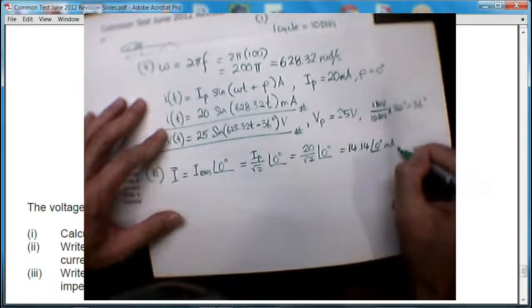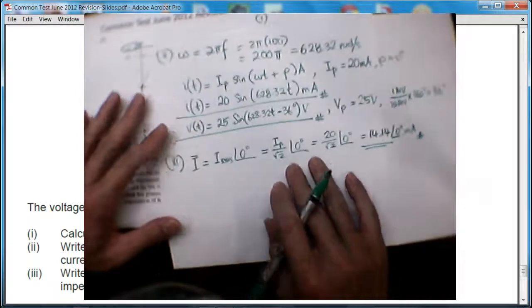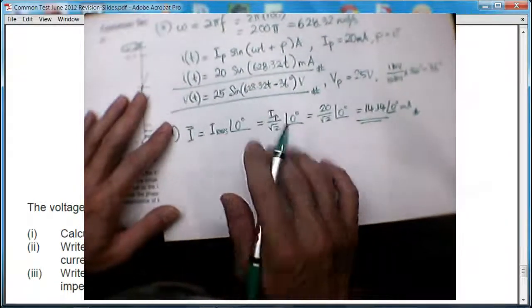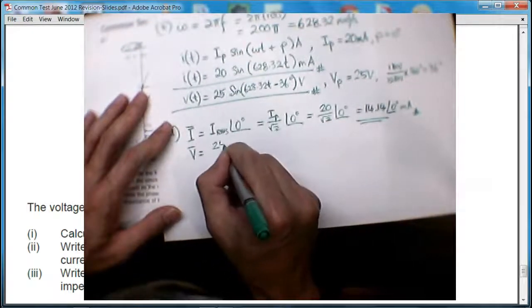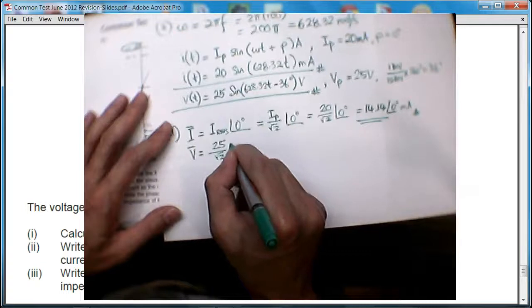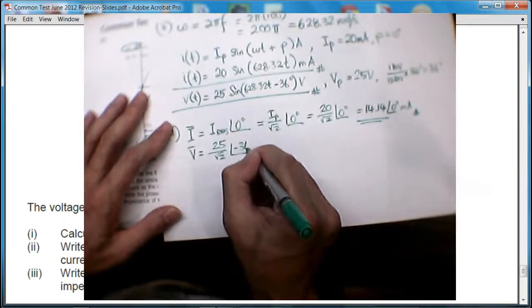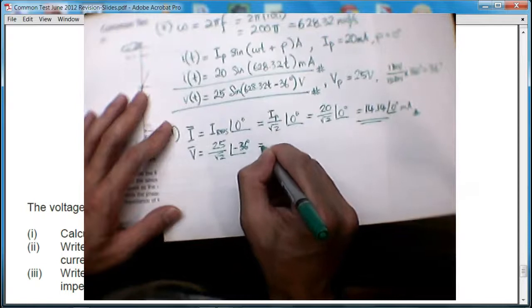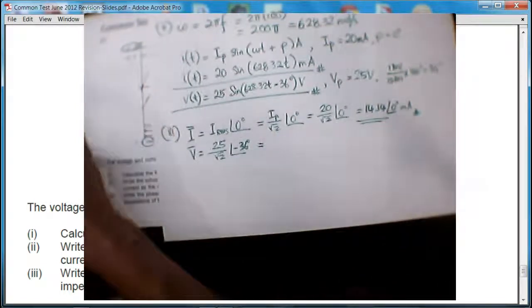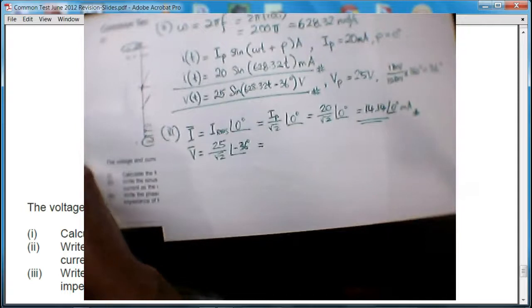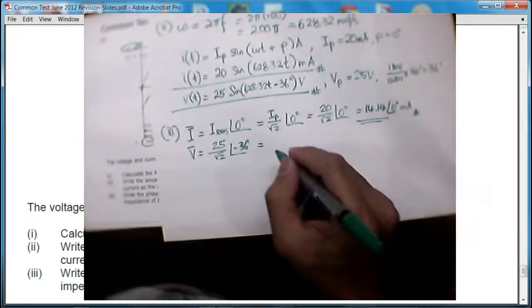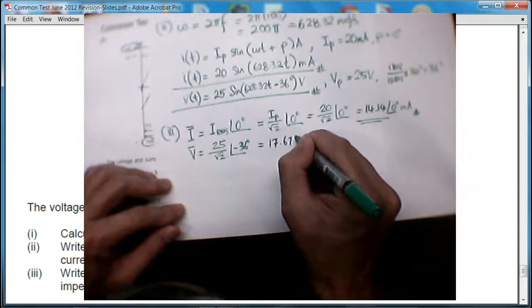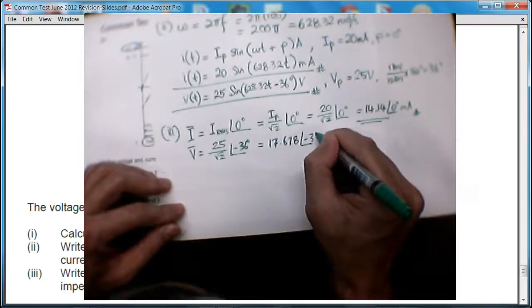Remember, this is milliamp. And the voltage phasor V is given as peak voltage 25 divided by root 2, but it has a phase angle of minus 36. So that converts as 25 divided by root 2, 17.678 angle minus 36 degree volt.